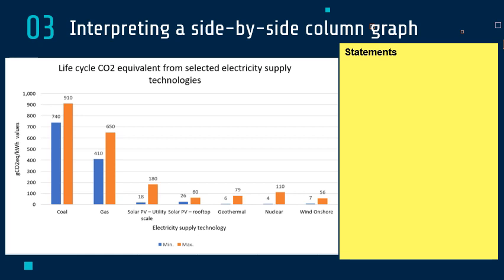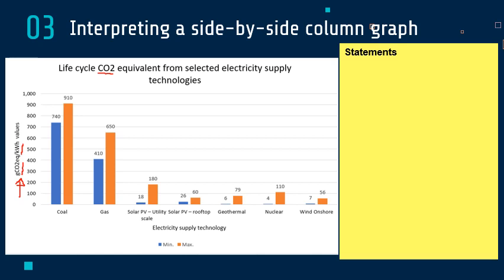So whether that's a coal power plant, a gas power plant, a solar power plant, solar rooftop configuration, etc. Now here, instead of doing percentages, which wouldn't really work for this, I've used what I think is UN data, using CO2 equivalent per kilowatt hour, which is a value you can use to determine how much carbon dioxide or greenhouse gases this particular technology produces over its lifespan. So from when it's built to when it's decommissioned.